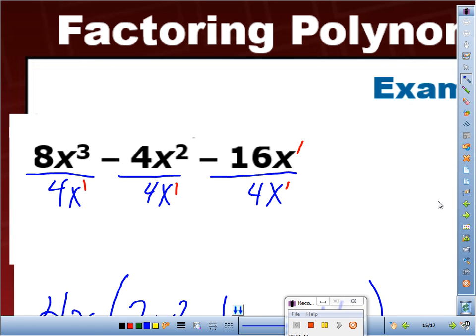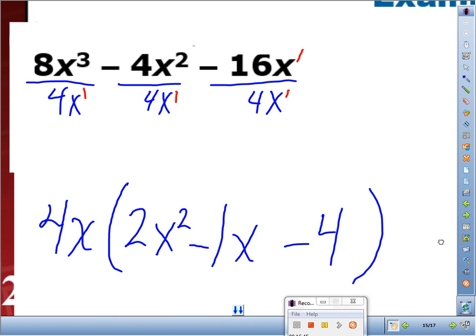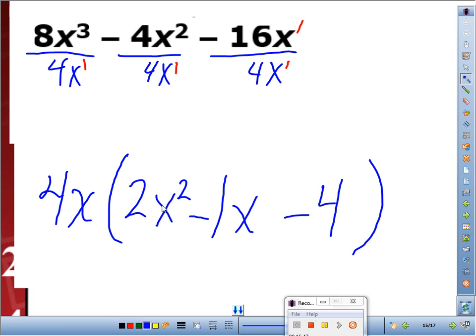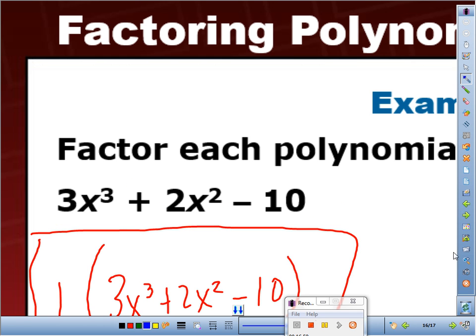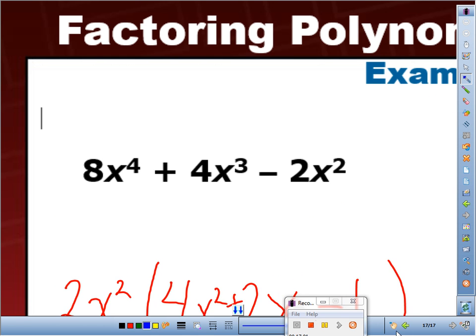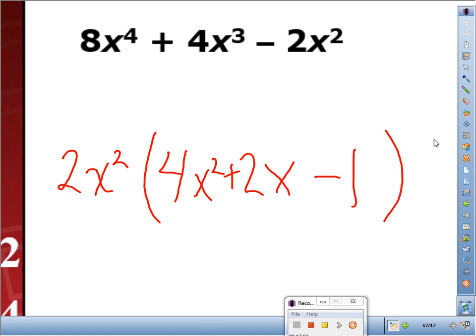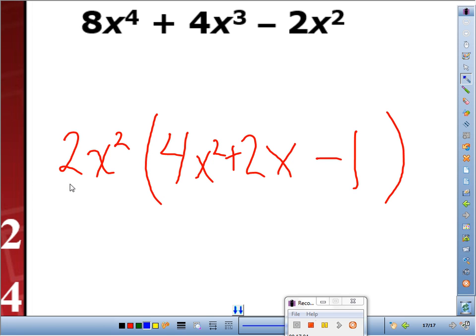Okay. Look at this one. What was our GCF for this one? 4x. And what was the variable that we used? X to the first. What is the smallest variable of this whole thing? X to the first, okay. We just did this one. What was our GCF? 2x squared.